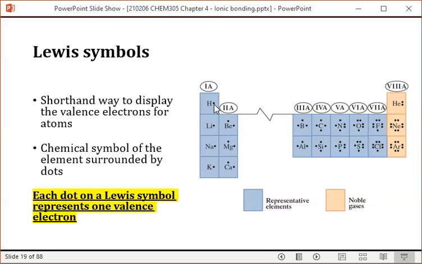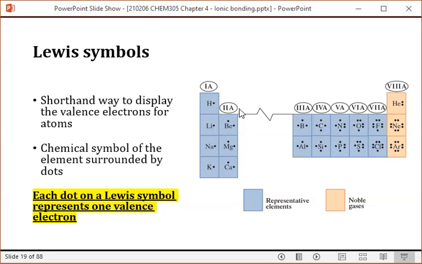It has 1 valence electron, so it gets 1 dot. Lithium is in the same column, so we expect it to have the same general type of electron configuration. Its highest energy electron, the last one added, is in the S block, and that's its 1 valence electron, so it gets 1 dot.